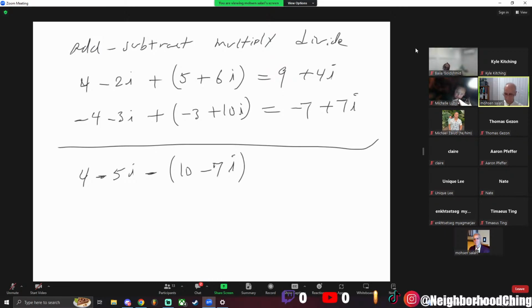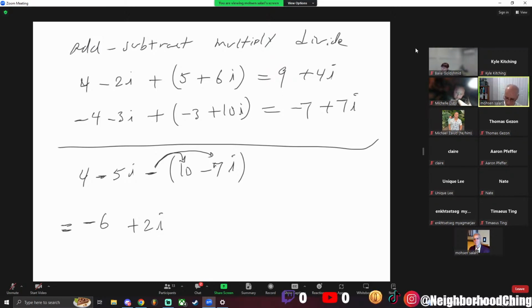Notice that this is -10. -10 combined with 4 gives me a total of -6. And for the imaginary part, negative times this negative gives me positive 7i, combined with -5i, I get positive 2i. Any questions?